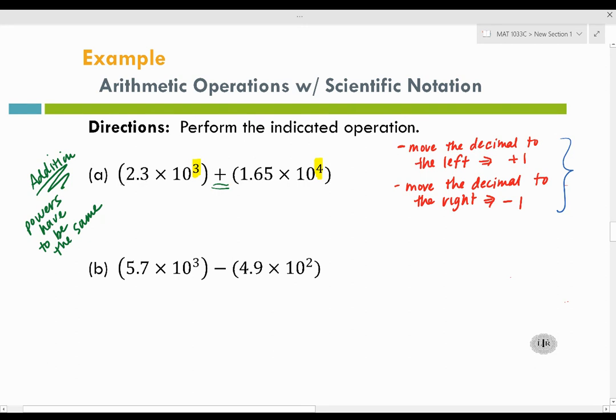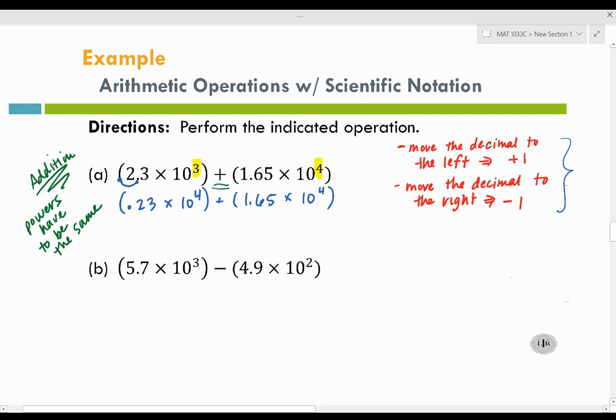And however many times you move it, it's the same thing as if you were adding that many or subtracting that many from the exponent. So I'm going to move this decimal to the left 1, because 3 plus 1 is 4. So that's going to give me 0.23 times 10 to the fourth power plus, I'm going to write another number, 1.65 times 10 to the fourth, okay?